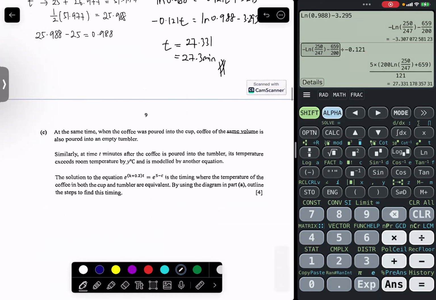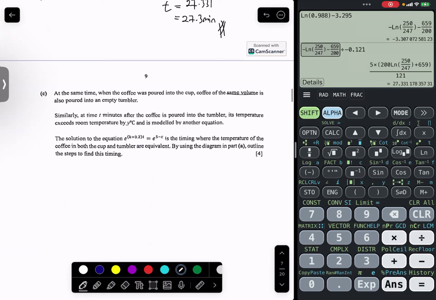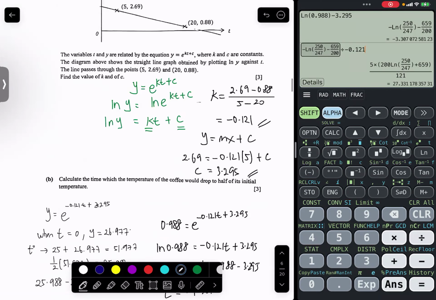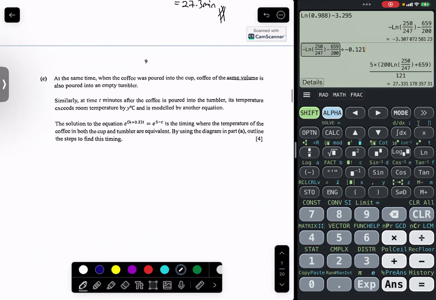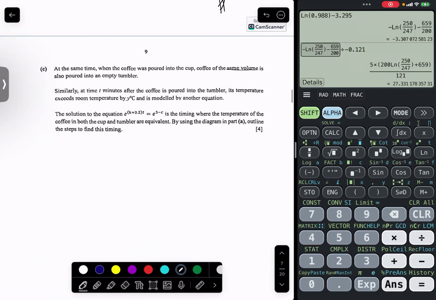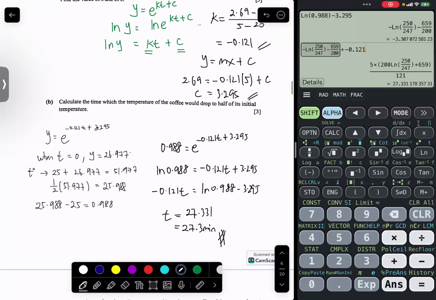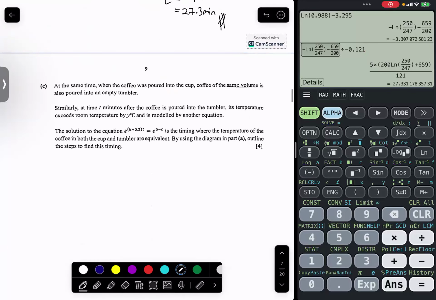Okay, hold on, let me think. Okay, so when they say solution to the equation, are equivalent, what we are looking for, by using the diagram in part A, is that we are going to draw a line, and then find the intersection of the line.